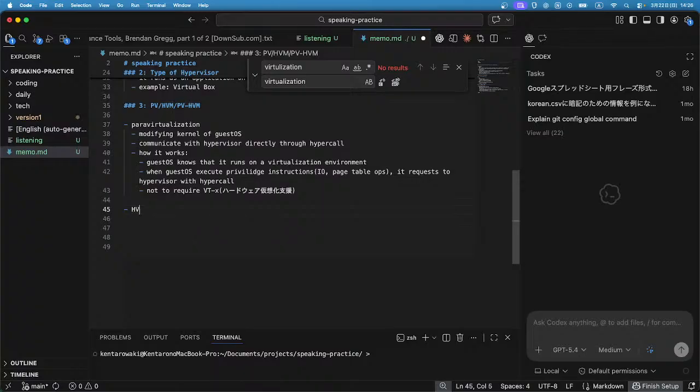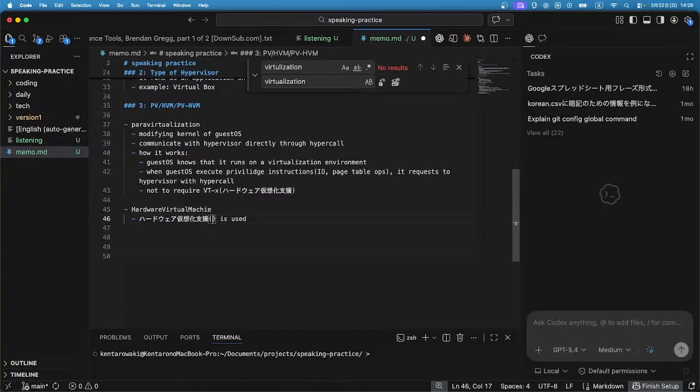Hardware virtualization support is used.